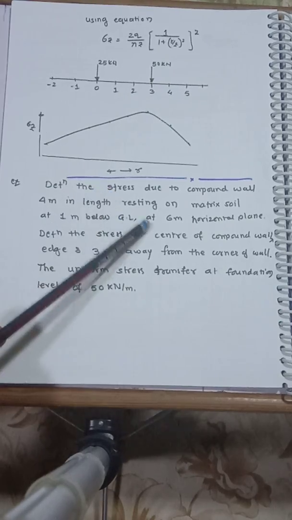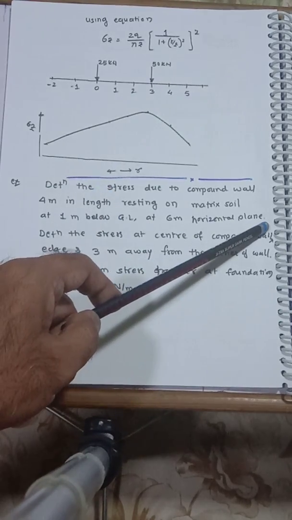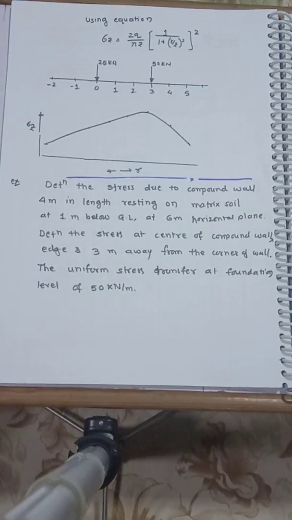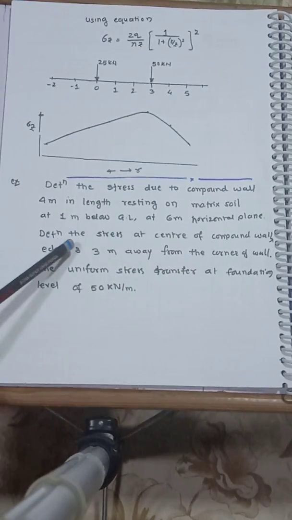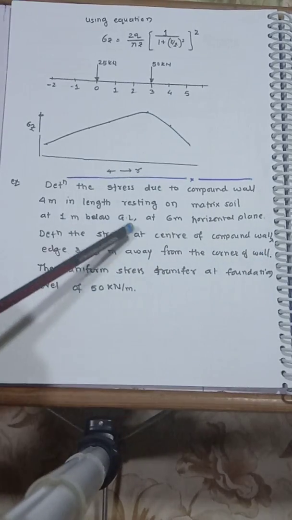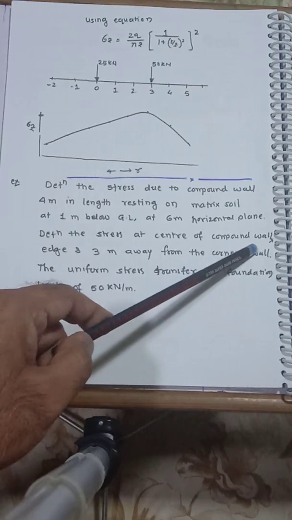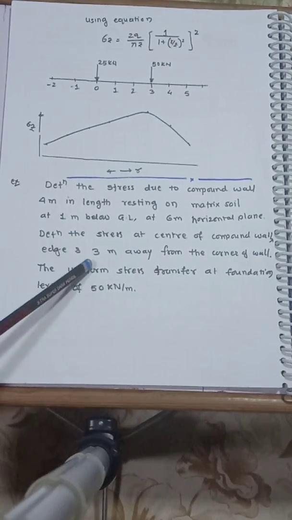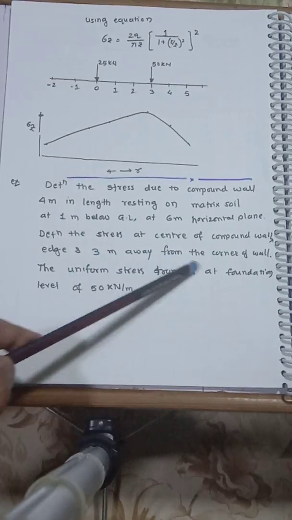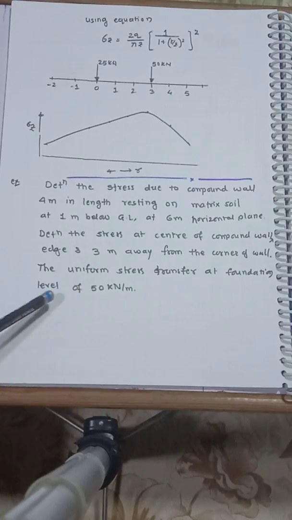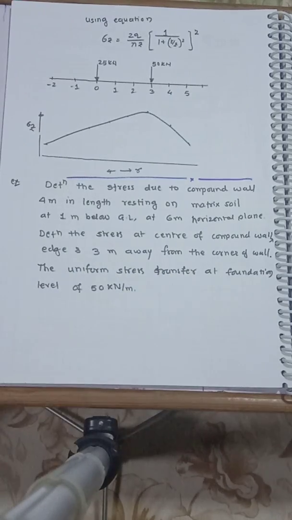And you have to find out the stress at 6 meter, at horizontal plane. So the first part is you have to determine the stress at the center of the compound wall and then 3 meter away from the corner of the wall. In two cases we have to find this. The uniform stress transferred by this wall is 50 kilonewton per meter.